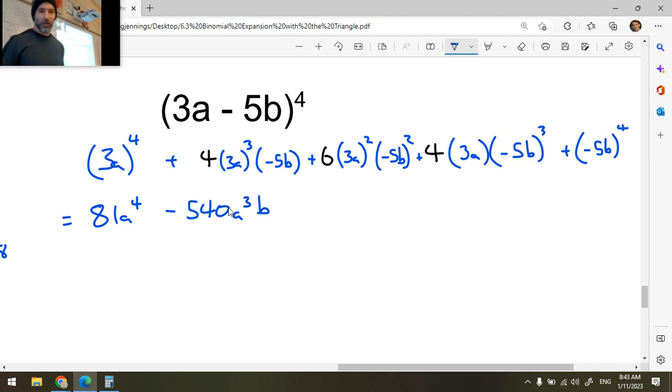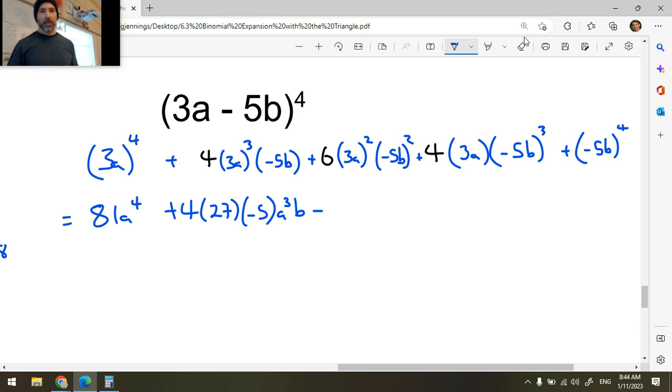So let's have more lines, shall we? You just work it out. So let's do plus 4 times 3 cubed is 27. Negative 5 is negative 5. And then we're going to have an a cubed b. Okay? And then we know that's going to work out to negative 540. Plus, this time I'm going to have a positive term here because negative 5 squared is going to be positive 25.